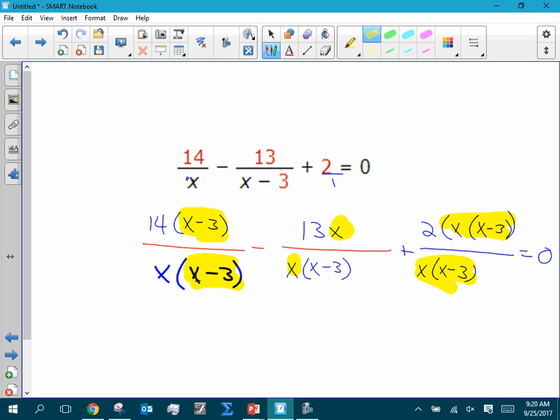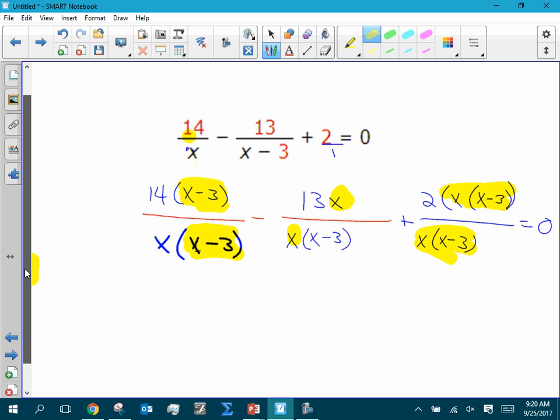Just 1. If I eliminate the things that are yellow, a bunch of factors of 1, right? Do I get back to what I started with? Yeah. So if I multiply that by 1, multiply that by 1, multiply that by 1, multiply that by 1, I still get the same thing I started with, right? It just looks a little bit different. Okay? And that's all we're doing here, just multiplying by convenient values of 1, so we can get all those denominators the same.